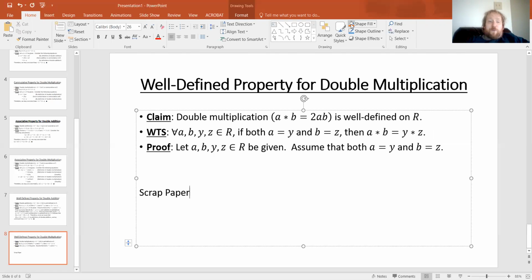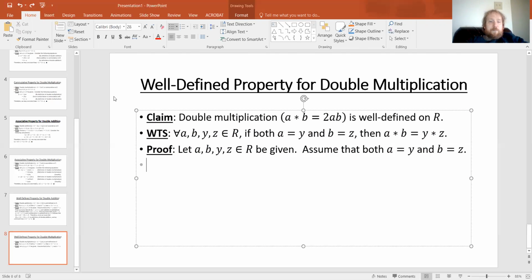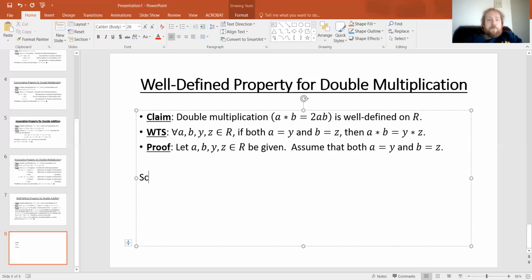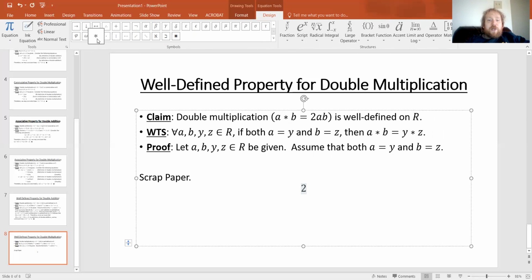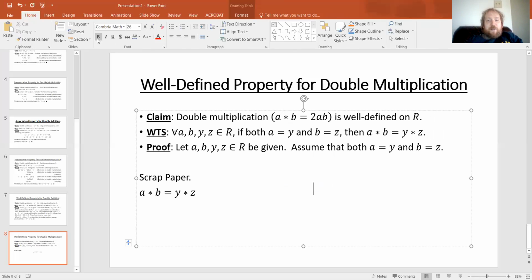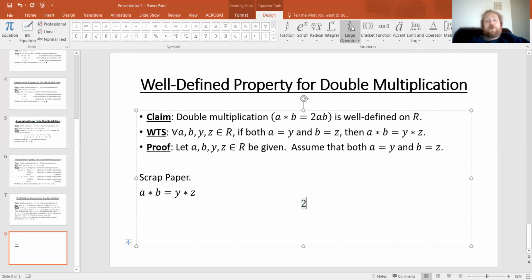So again, by doing scrap paper, our scrap paper here where we want to end up is A star B is Y star Z. So working backwards from the definition of double multiplication, this gets us 2AB equals 2YZ.